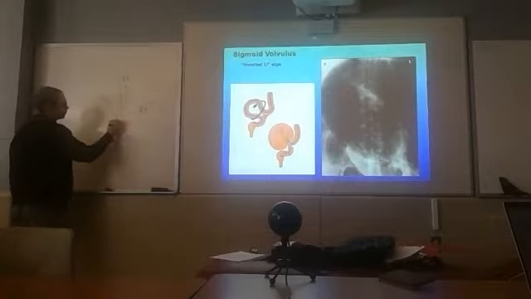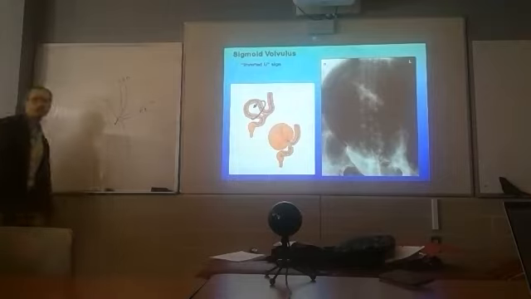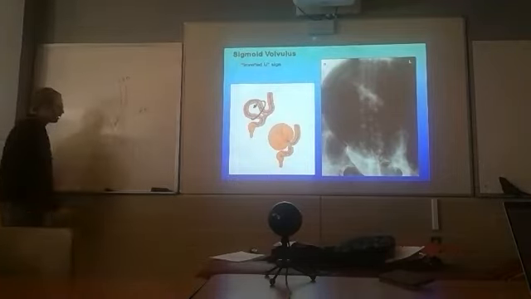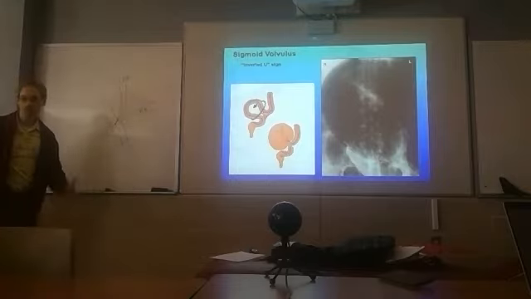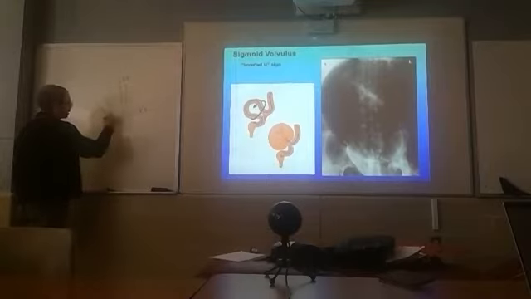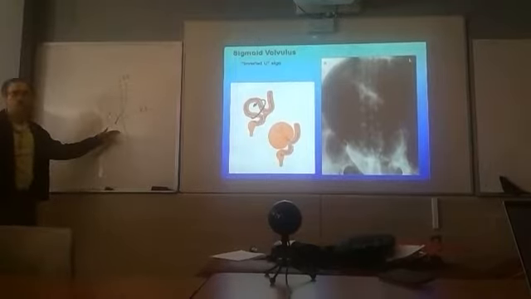There's the duodenum, there's the ampulla. That's where the pancreatic juices and the bile get introduced into the bowel. So if you have an obstruction distal to that, it backs up and the vomit will be bilious. If you have an obstruction proximal to that, there won't be bile.